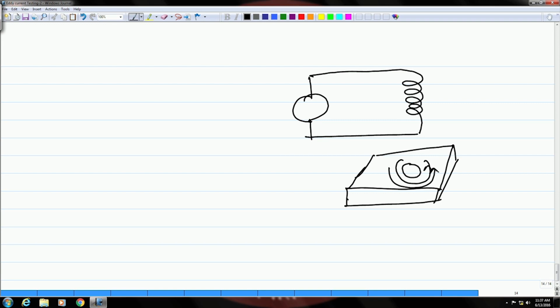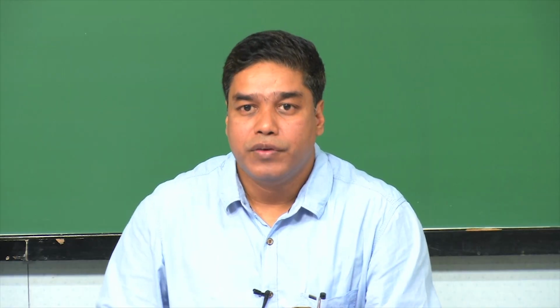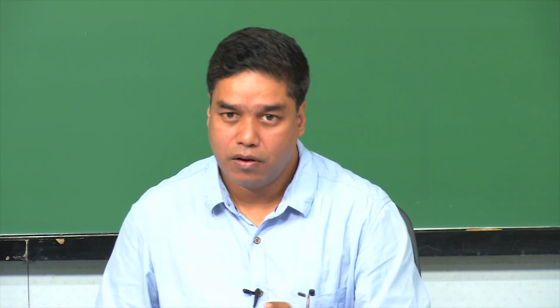okay, and this will have its own magnetic field, the induced current, and that is opposed to the primary magnetic field that we have already discussed, okay. And then you have a detector over here to detect any change which may come in this coil, okay.